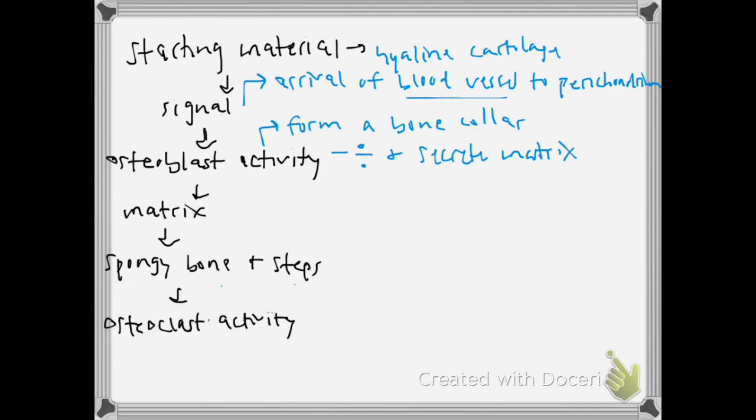Remember, we have this arrival of blood vessels to the perichondrium. As these osteoblasts divide, forming this bone collar and secreting matrix, blood vessels follow, bringing things like calcium and phosphate that can be deposited into the matrix to help it harden. This is how we start getting spongy bone formation.